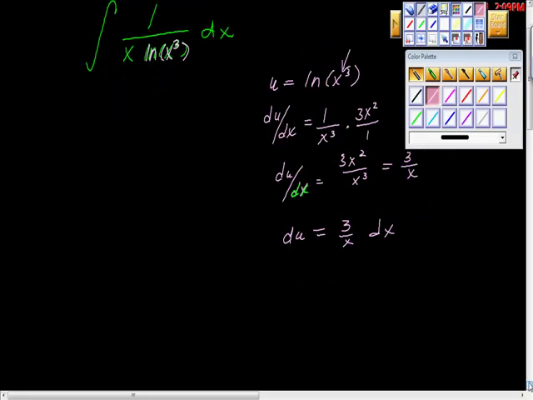Then if I divide both sides by 3 over x, otherwise known as multiply by the reciprocal, I'm asking you to buy the fact that this is x du over 3, right? Because I multiplied both sides by the reciprocal of this. It's equal to dx.